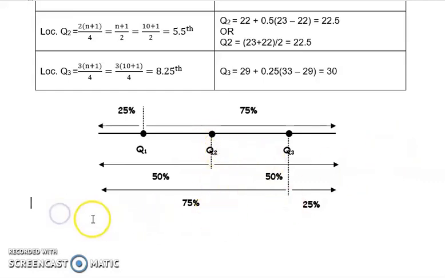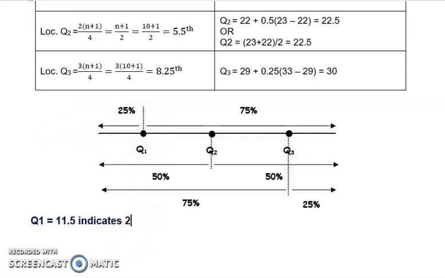Okay, now how to interpret this data? Our Q1 just now is 11.5. So interpret in the context of the problem. Q1 equal to 11.5 indicates that, since our data is about the ages of tourists, 25% of the data is less than Q1.